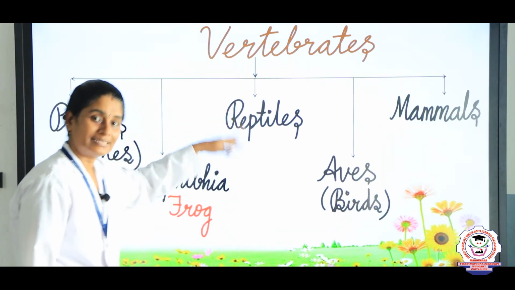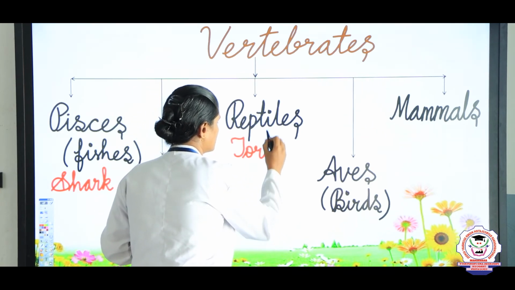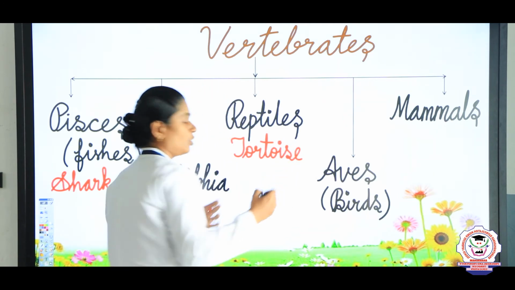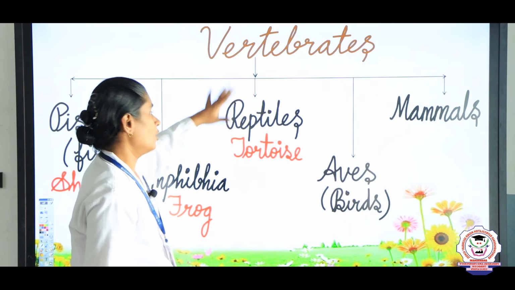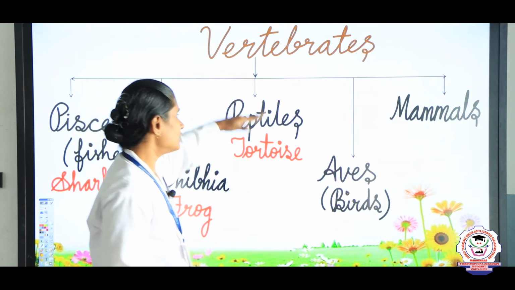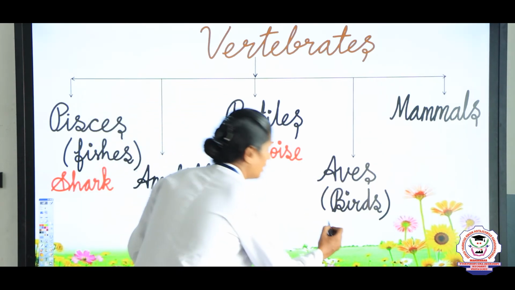Reptiles. What are the examples of reptiles? We can say tortoise, snakes, crocodile, they all come under reptiles. The tortoise is an example of reptiles. And birds, so we can say any bird. So, peacock.